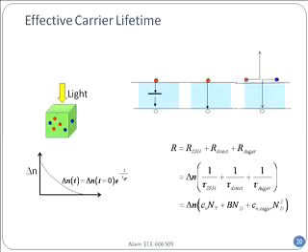Each one of them has a certain dependency. The first term, the Shockley-Read-Hall, depends on the number of traps. The direct doesn't care about the number of traps because no trap is involved. The only thing it cares about is the number of dopant atoms, right? Why? Because it gives you a certain number of holes or a certain number of electrons.